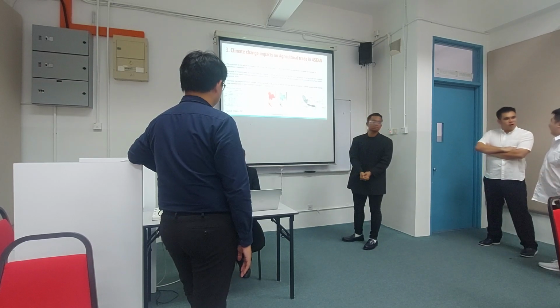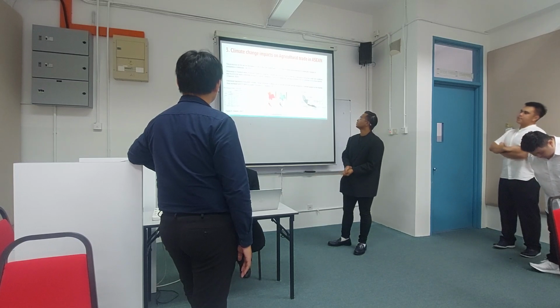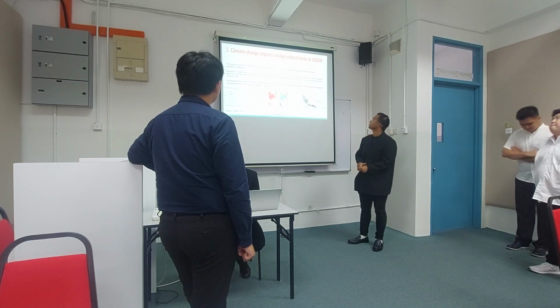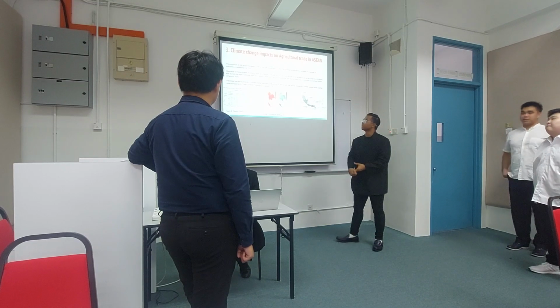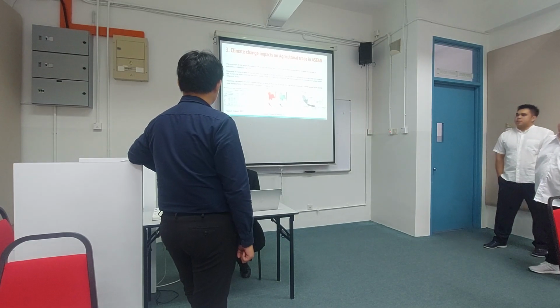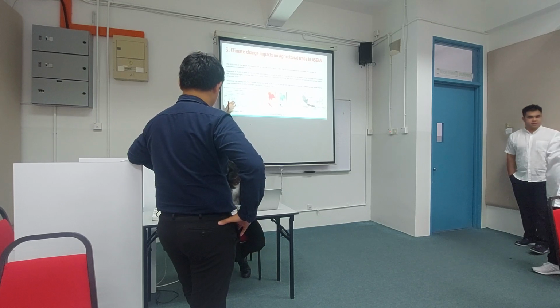So the first one is Malaysia, where the production of rice will be decreased by 12% in the main season and 31.3% in the off-season as temperature increases and precipitation changes in Malaysia. So we can see here from year 2020, the ratio of rainfall is probably 0.3 centimeters and 0.85 and 1.4.